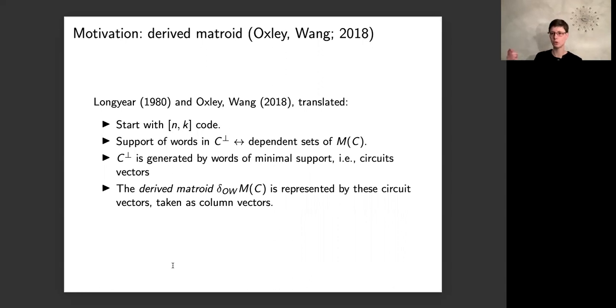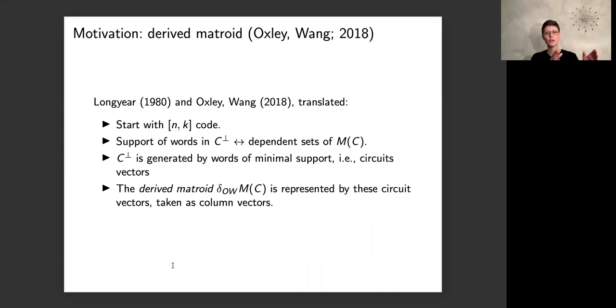And I call that the dual code. If I now have a word in the dual code and I look at all its non-zero entries, I call that the support of that word. These non-zero entries give me a dependence relation between the corresponding columns of the matrix we started with.